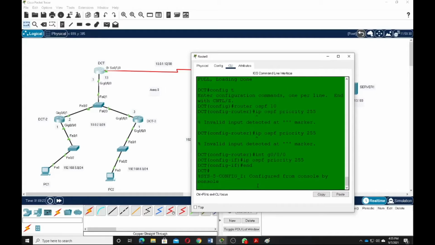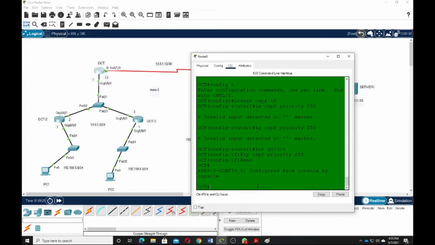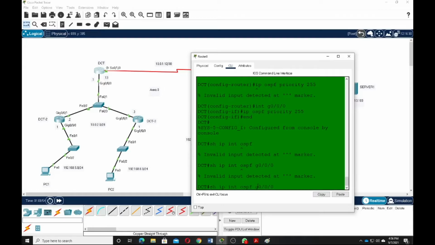Okay, so and let us check show IP OSPF interface G0/0. I think this one.